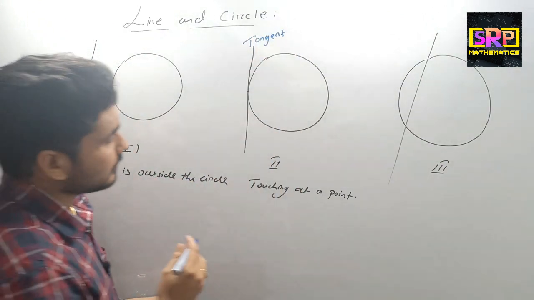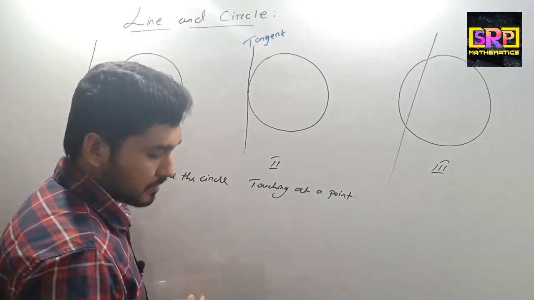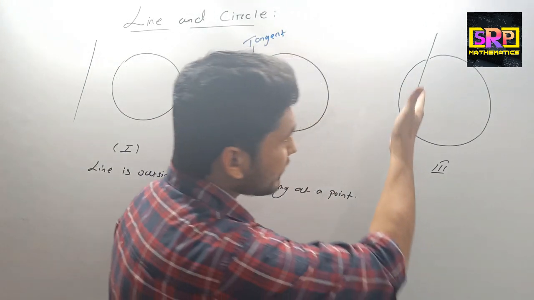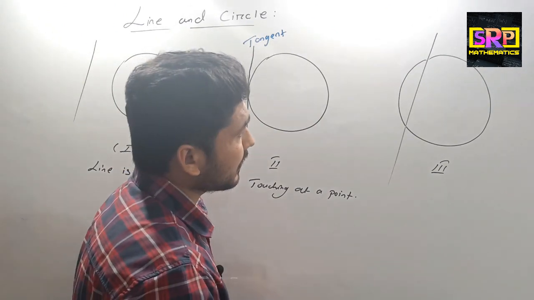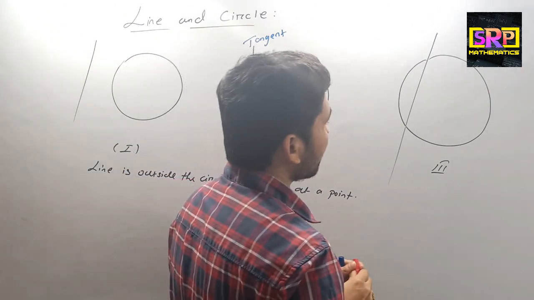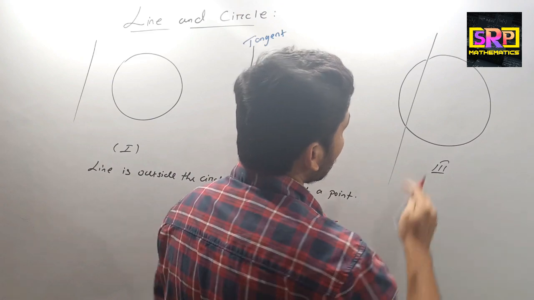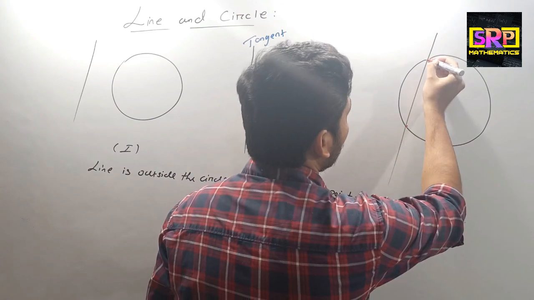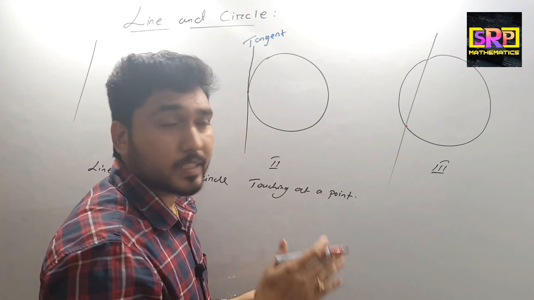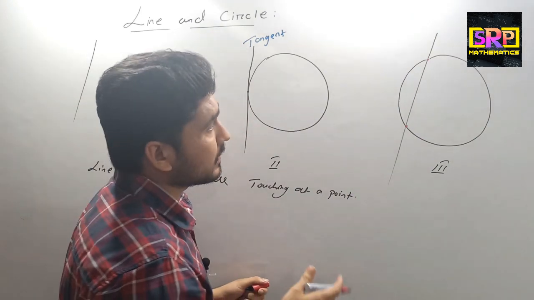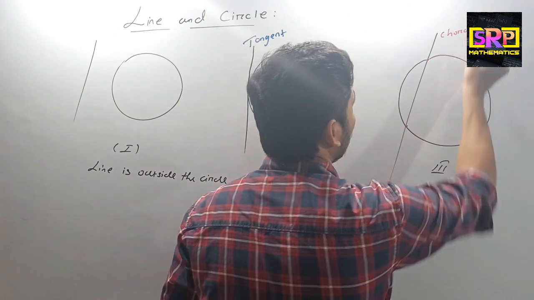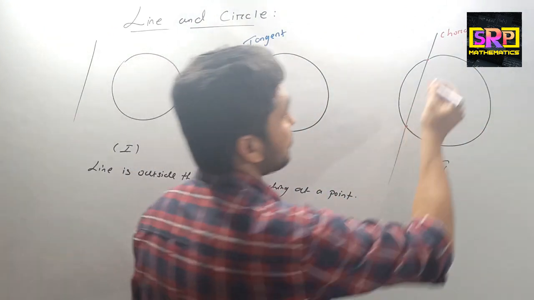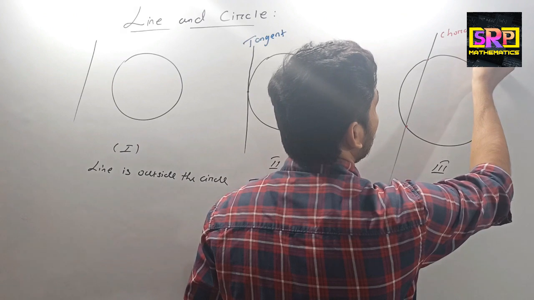The second one done. Go for the third case. So in the third case, the line is intersecting the circle at 2 points, and we have 2 intersection points here. So if a line is intersecting the circle in 2 points, that is known as a chord. Okay. And what else do we know? We also know it as a secant.